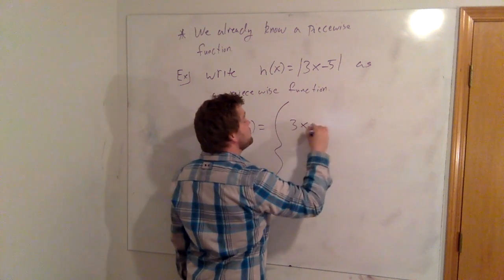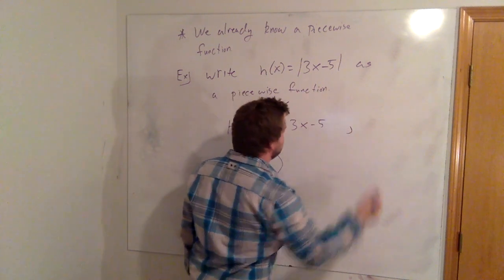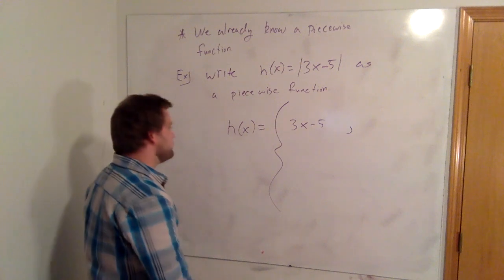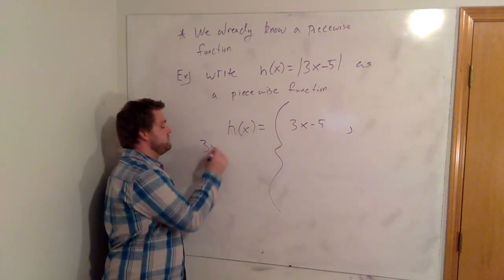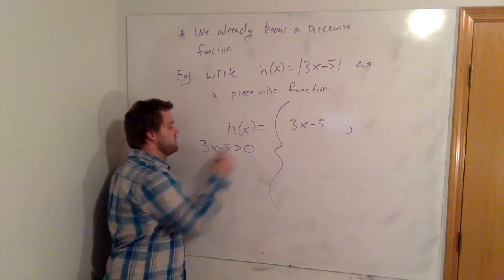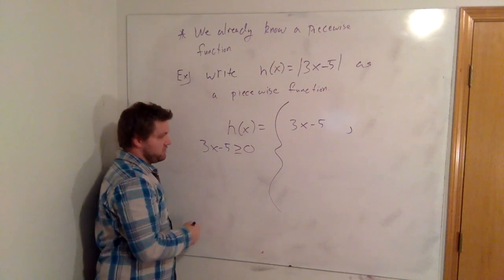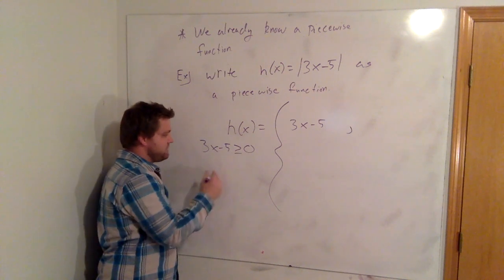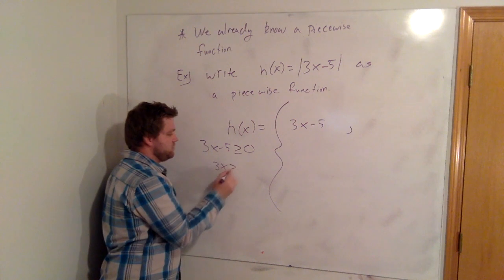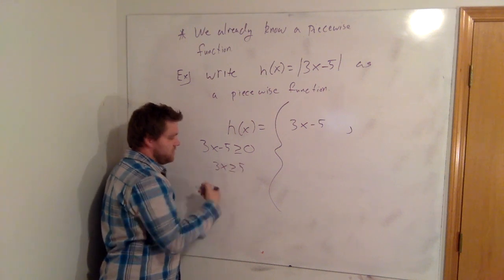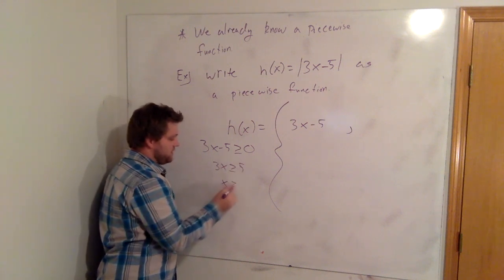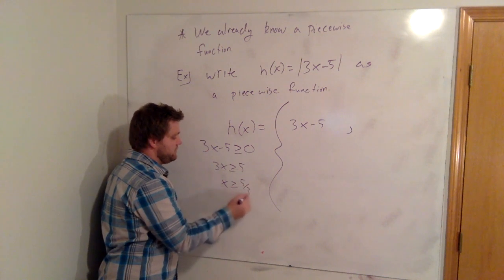So I want to keep 3x minus 5, provided, well, for what interval is this going to happen? I have to think about when 3x minus 5 is bigger than or equal to 0. Well, I could add 5 to both sides, so 3x is greater than or equal to 5. I could divide both sides by 3, so when x is bigger than or equal to 5/3.